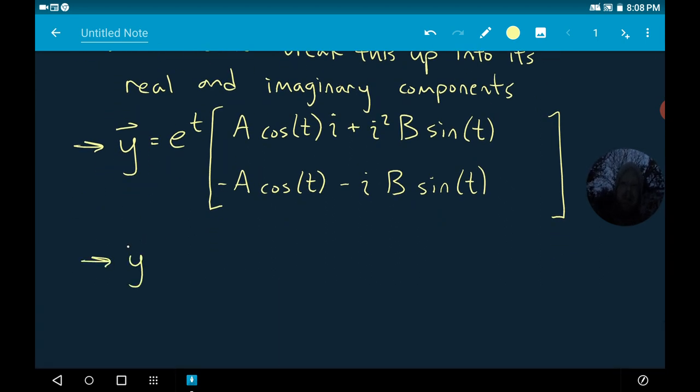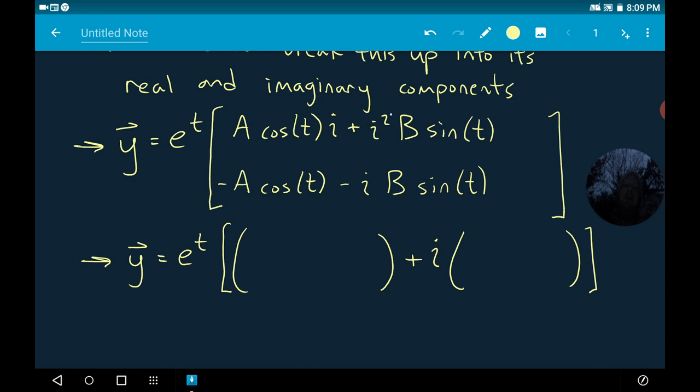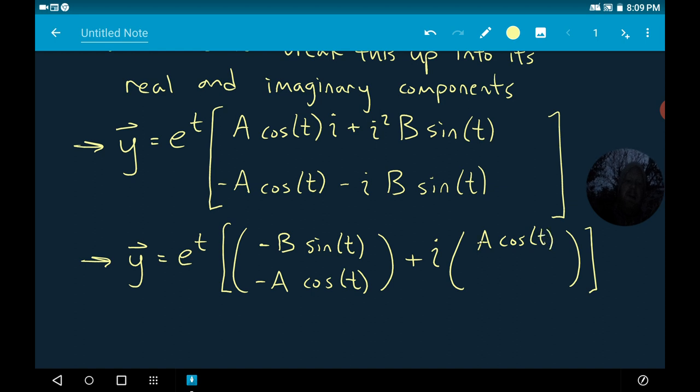So if I want to split this up into its real and imaginary parts, I'll put my real part and my imaginary part here to fill them in, right? Anything that's real from this vector belongs here, anything that's imaginary belongs here. So real parts, let's see, minus b sine of t and minus a cosine of t. Let's see, i times, I've got an imaginary piece here, a cosine of t, and negative b sine of t.